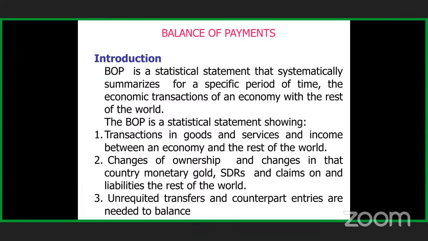Whereas the main factors which affect the balance of trade are cost of production, availability of raw materials, and exchange rate. So anyway, a country's balance of trade is influenced by all the factors that affect international trade. So there is a difference between balance of trade and balance of payments.